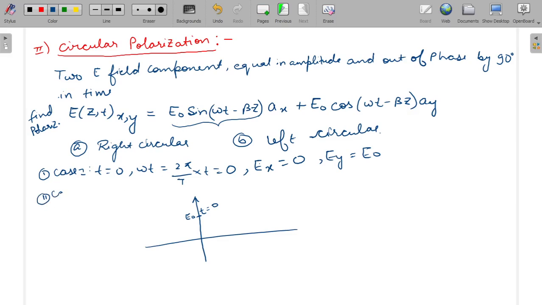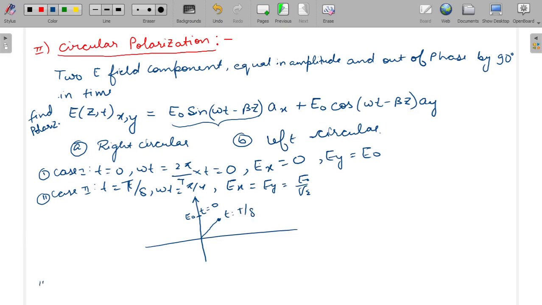Now case 2, we should definitely take two cases. T is equal to T by 8. Omega t, with T and T cancelled, is equal to 5 pi by 4, and our Ex is equal to Ey is equal to E naught by root 2. So this will be t equal to T by 8.